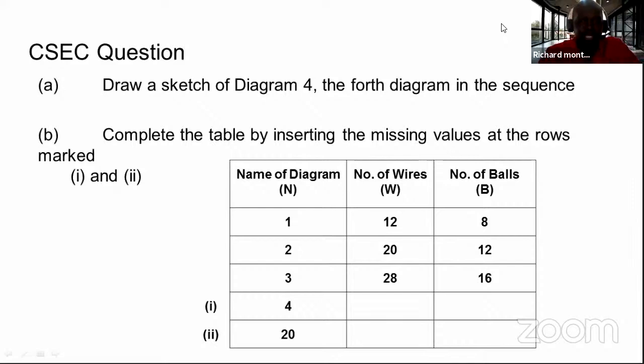All right, so what about diagram 20? How many wires, how many balls?